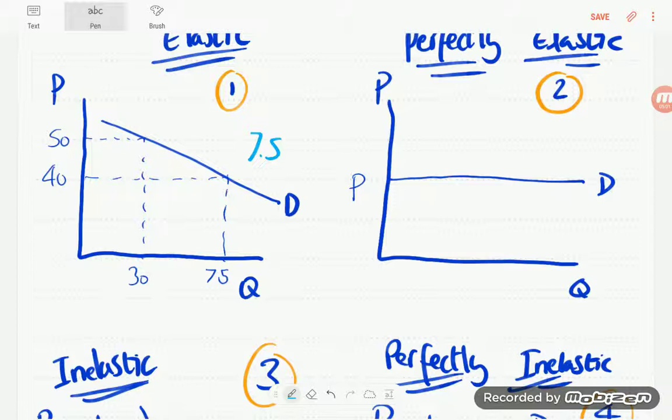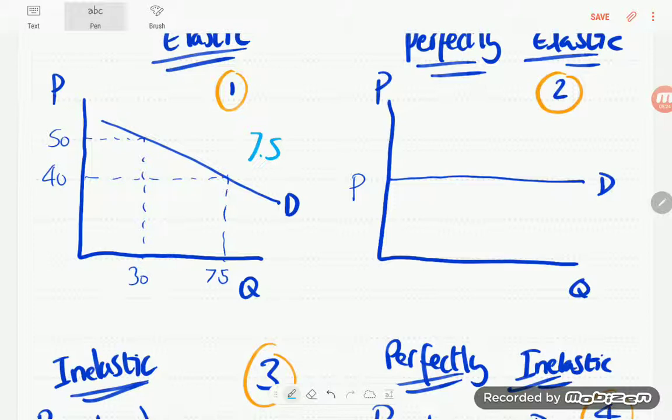So in other words, for every 1% fall in price, demand will increase by 7.5%. For every 1% increase in price, the quantity demanded will fall by 7.5%. Okay, so again, we ignore, remember, the percentage signs.